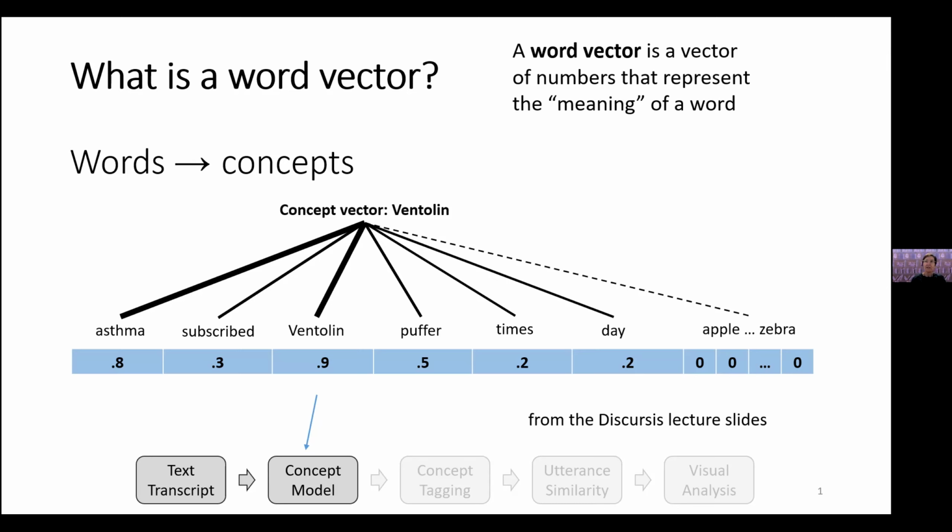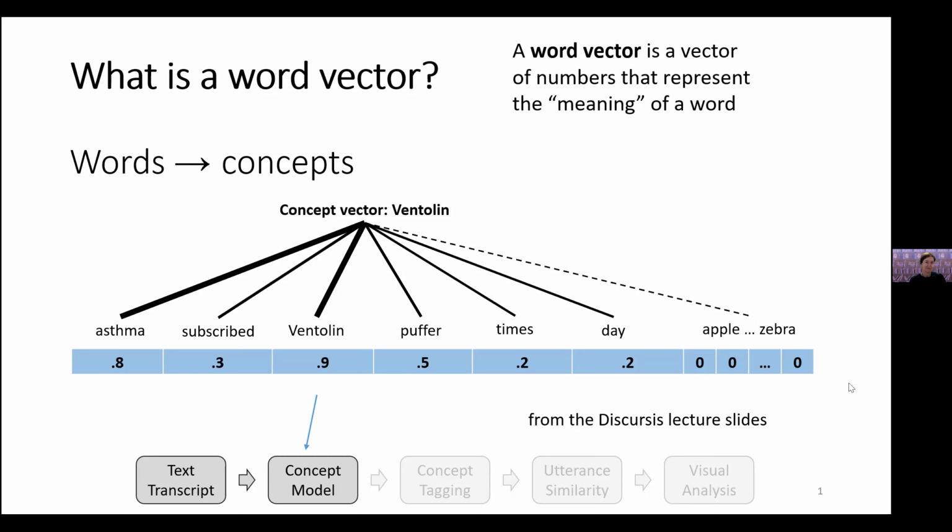What we did in the discourse was look at how you go from a single word like Ventolin to a concept. We had a vector of terms that co-occur with the word Ventolin: asthma, prescribed, Ventolin, puffer, times day. And I've added on the end a whole stack of other terms.